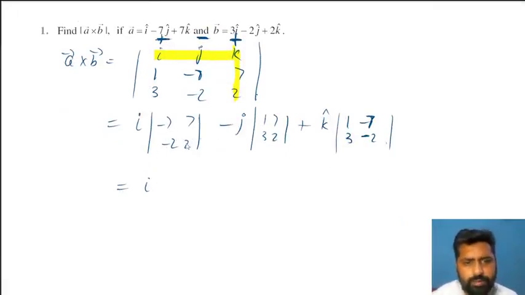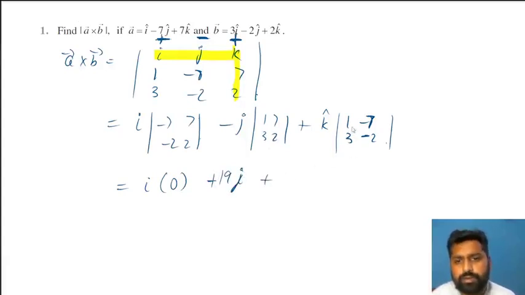So minus 7 into 2, minus 14, minus of minus 14 plus 14, so this becomes 0. Then 1 into 2, 2 minus 21, so you get minus 19, so plus 19j, plus this one is minus 2 minus of plus 21, so that is also minus 19k.